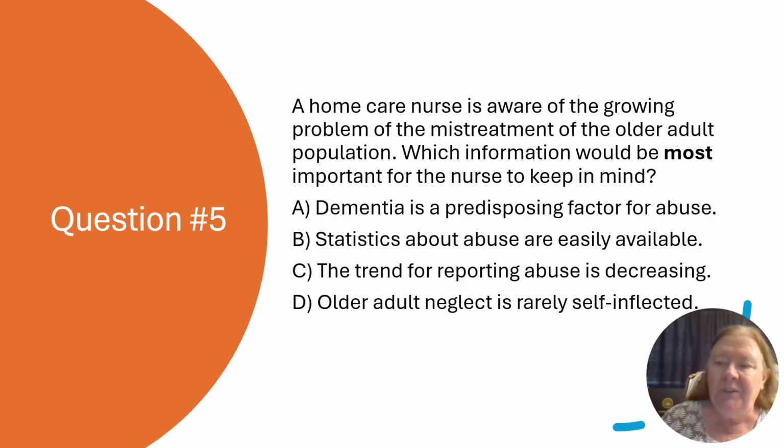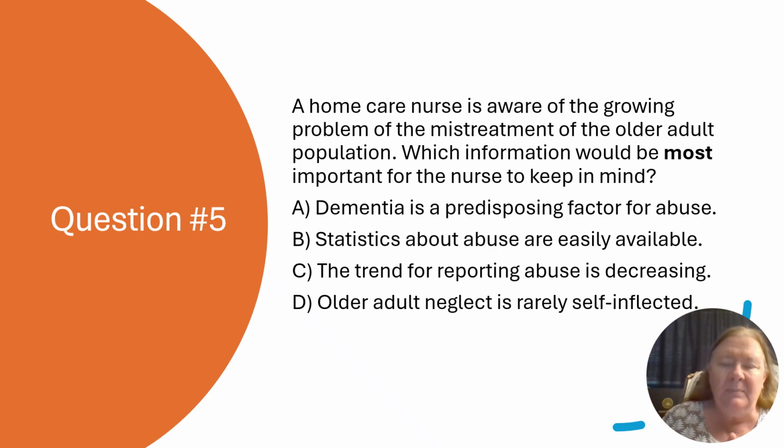In order to increase awareness and reporting, neglect can be self-inflicted. Okay, so let's look at these other answer choices. Letter B, that says in the description that I read to you, statistics are not easily available because so many cases go unreported.